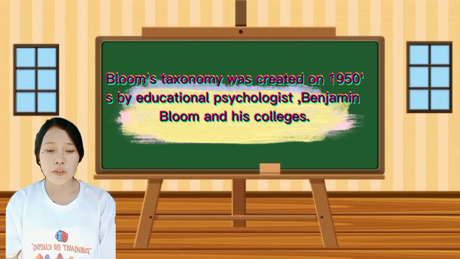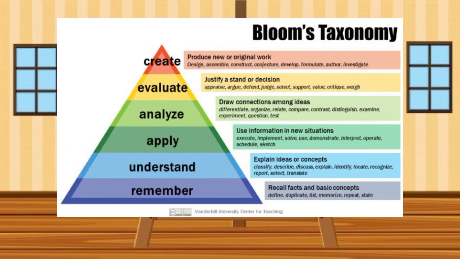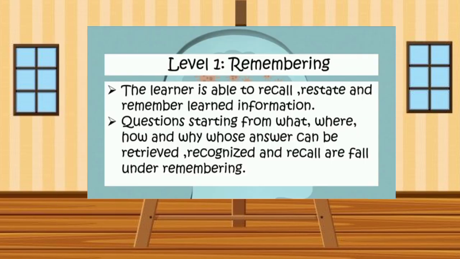Bloom's taxonomy was created in the 1950s by educational psychologist Benjamin Bloom and his colleagues. Bloom's taxonomy has six stages. These are, namely, create, evaluate, analyze, apply, understand, and remember. From lower to higher, let's start with remember, or remembering.